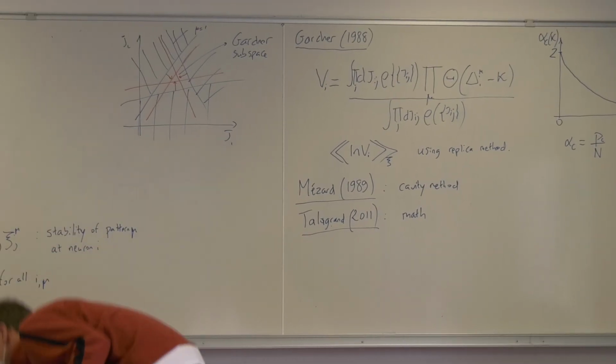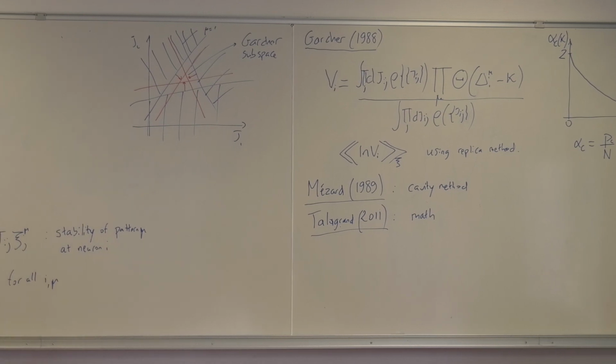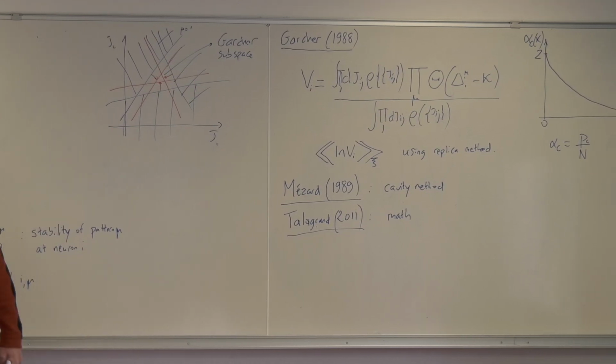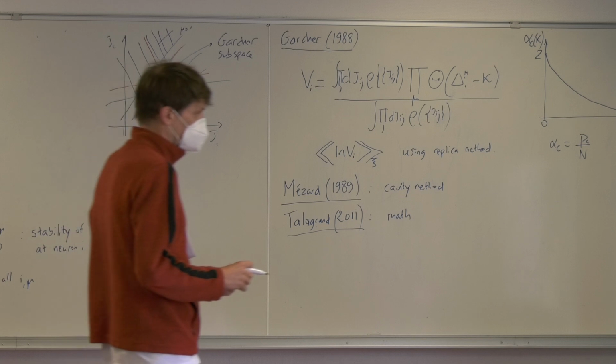There is a question. Yeah, for example at kappa equals 0, do you have an idea of the qualitative difference between the networks that will satisfy this, like alpha c equal 2, and for example the network of the Hopfield model, which seems to be much less efficient?